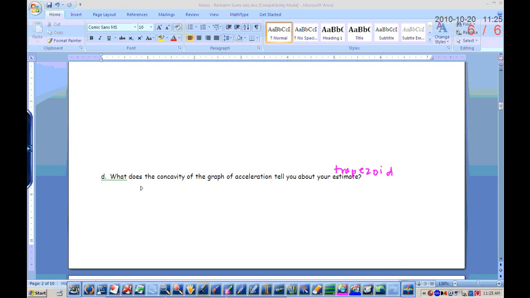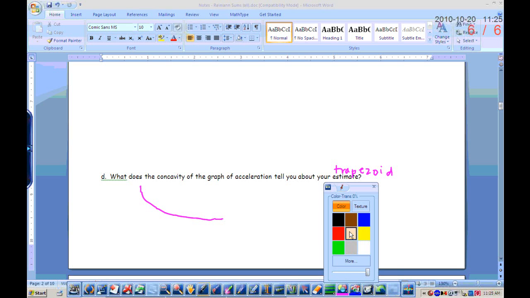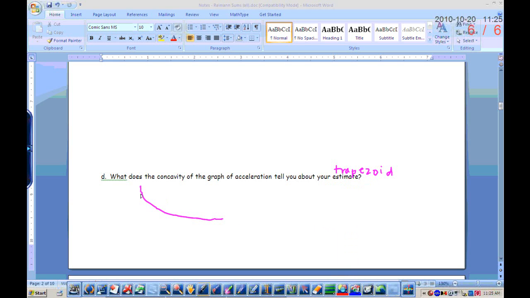All right, I want to draw something that is very obviously concave up. If I were to draw trapezoids on a concave up graph, is my estimate going to be too big or too small? Too big. Good.